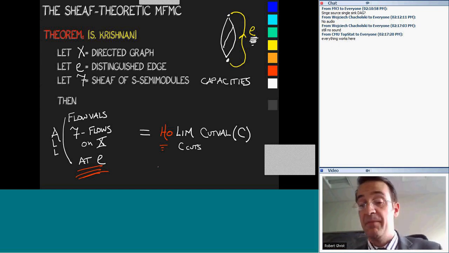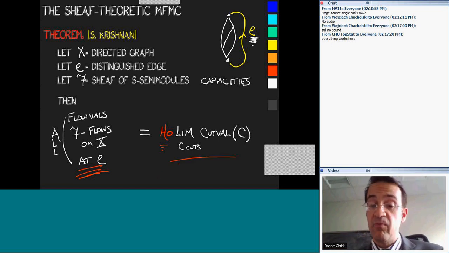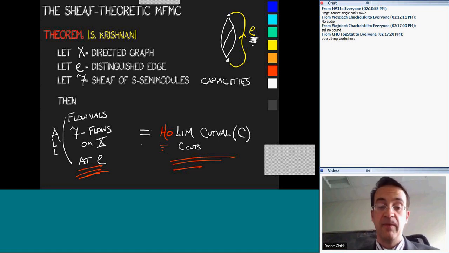That's something like a maximum. On the right, we're taking a minimum of cut value. That's like a limit, or in this case, a homotopy limit. That's the sheaf theoretic version of the MAXFLOW-MINCUT theorem.